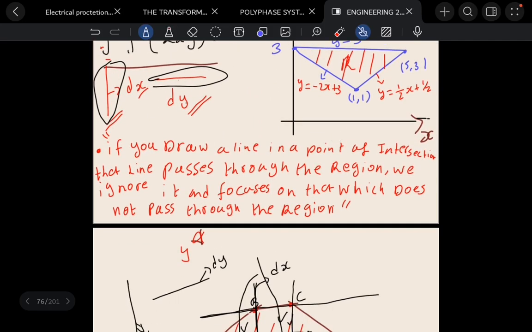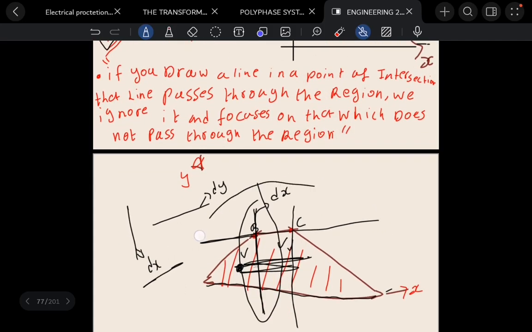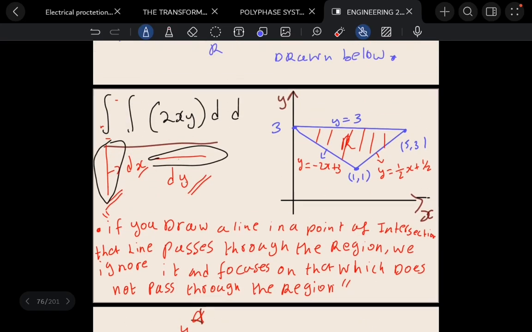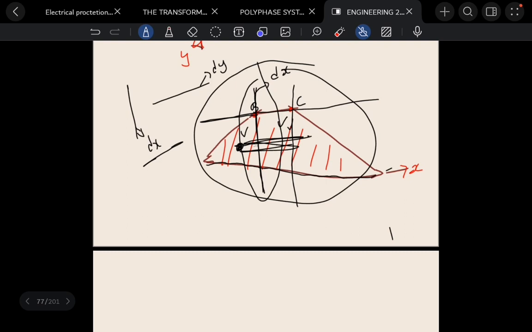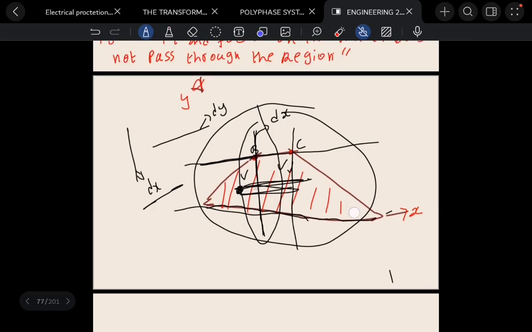It means that for this particular region, you need to end with the dy. If you pay close attention, a dy has a constant and a dy has a constant. It does not divide the region.